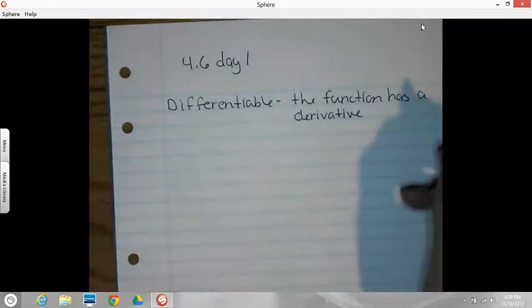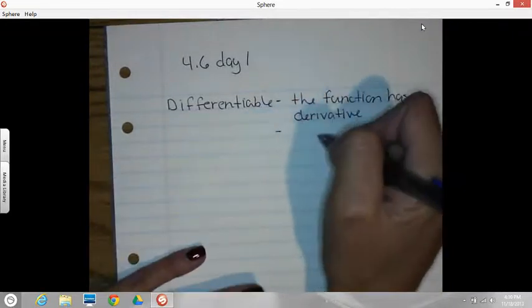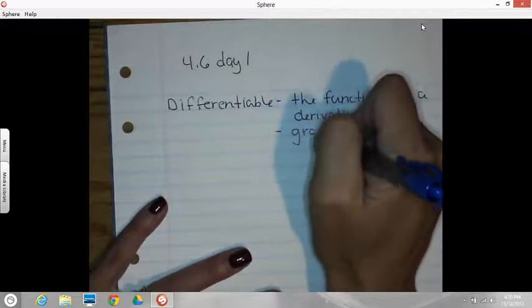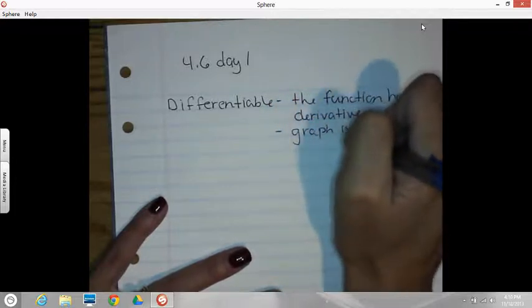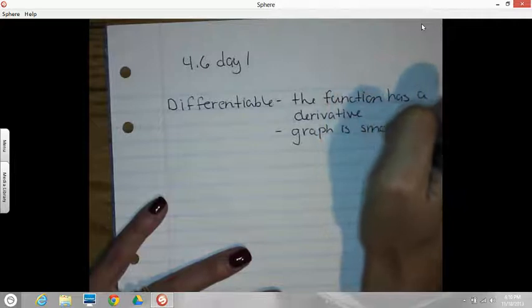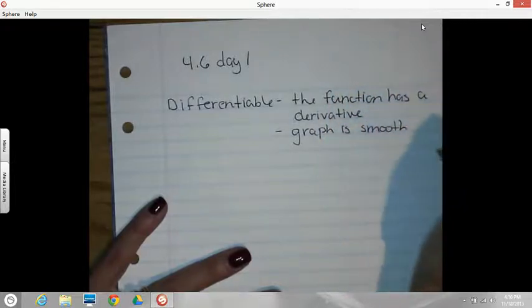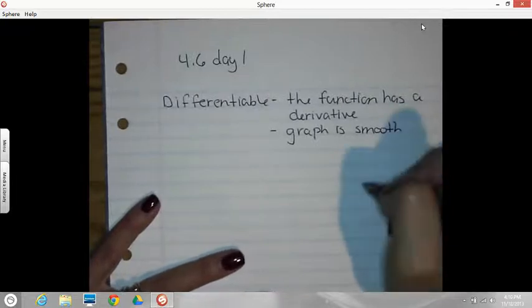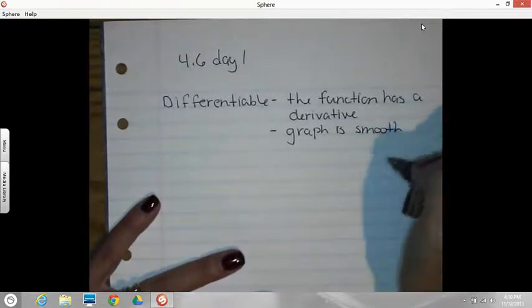In order to have a derivative, though, you have to remember that on a graph, the graph is smooth. No sharp change in directions, no breaks in the graph. Just got to be a nice smooth curve so we could draw a tangent line if we had to.